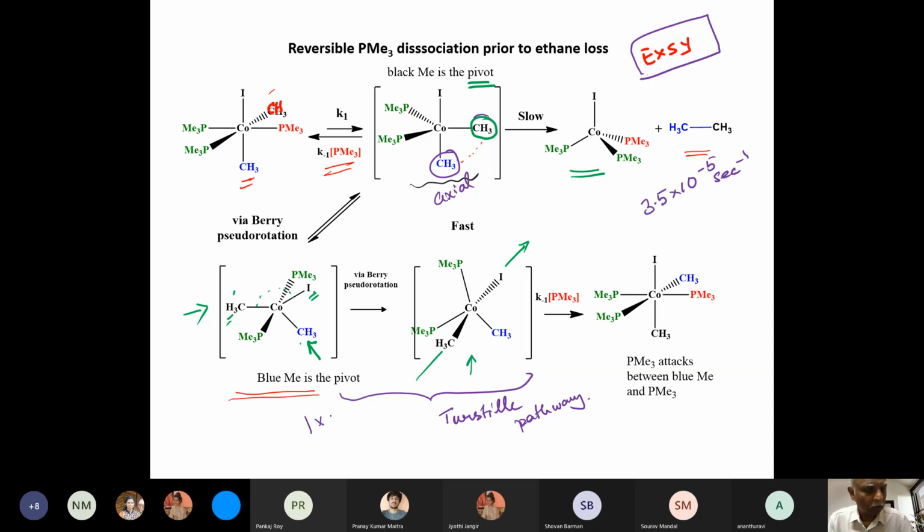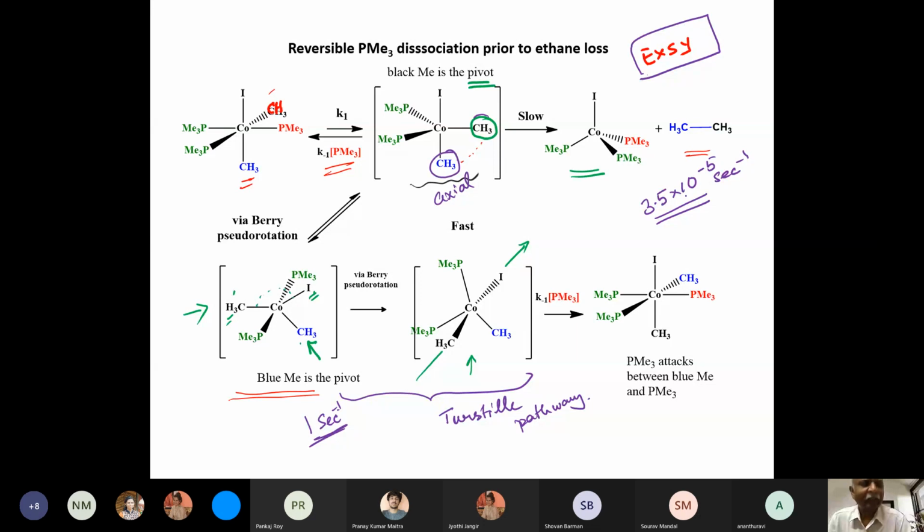So this was around 1 per second. Is that correct? Yes, that's correct. So this exchange was very fast. Let me write it in the same notation, 1 second minus 1. So exchange of the methyl groups was happening per second, whereas this was happening only 3.5 times 10 power minus 5 per second.